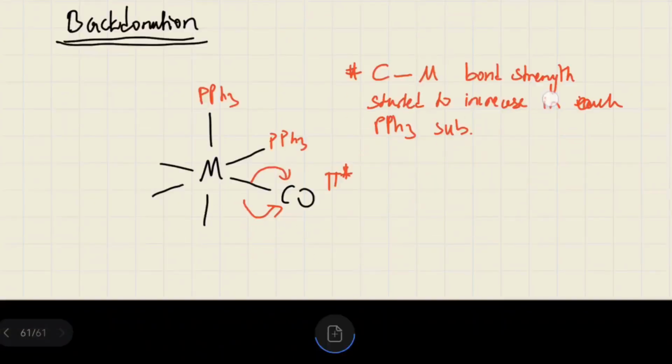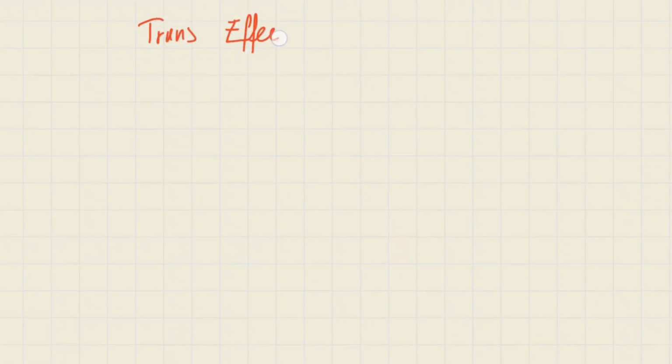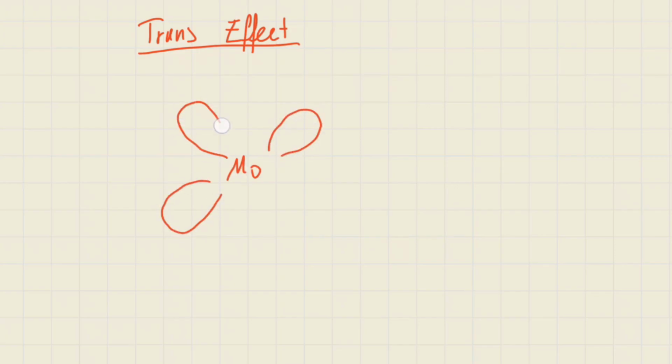And there is also another event which is called the trans effect. This is the other important thing. So CO molecules interact with, for instance, the d orbitals of the molybdenum, right? For instance, we have one molybdenum here.